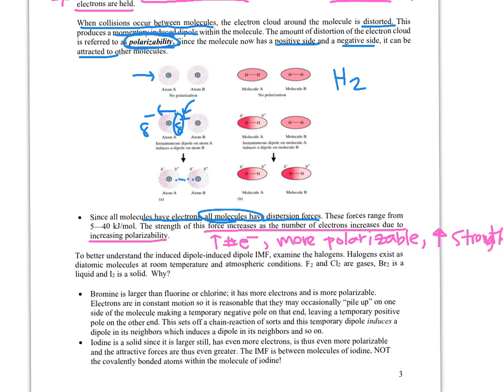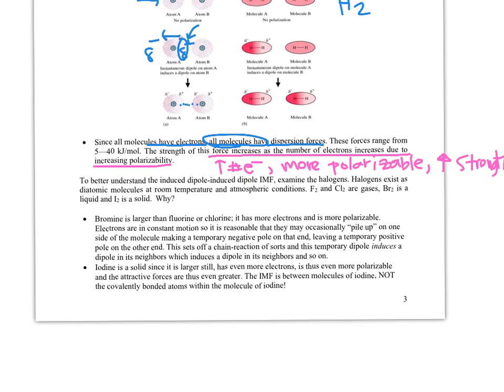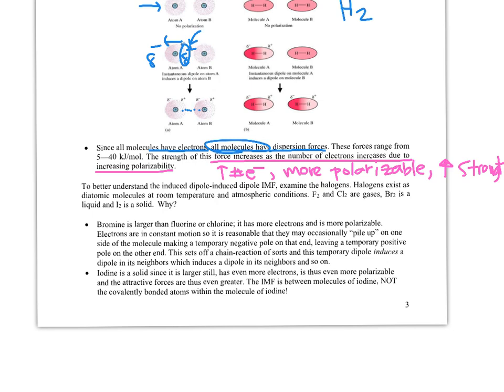To better understand an induced dipole IMF, we can look at the halogens. Halogens are easy because we can see all of them in the same column, and they're all nonpolar. So you've got F2, an F single bonded to an F. They're all single bonded, and then we have chlorine.